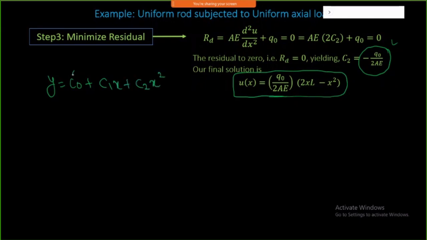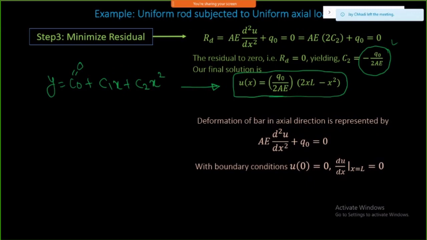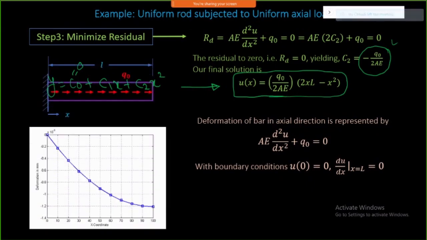Here C0 we already calculated to be 0, C1 we already substituted in terms of C2, and we got this C2, and this will result in this equation.